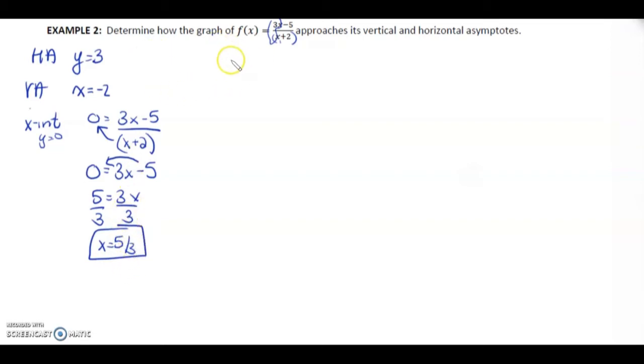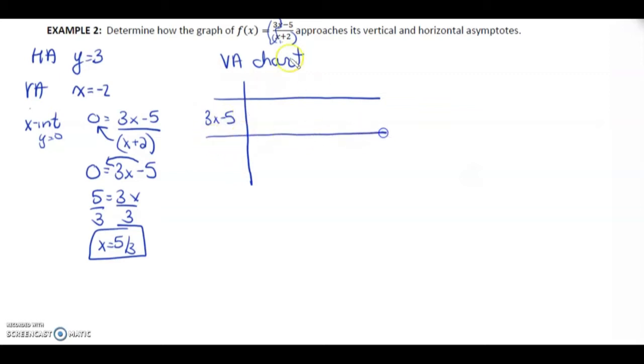Okay, so for the VA chart, and we can label that vertical asymptote chart, we are going to put down the side our two factors. We have 3x minus 5 in the numerator, and then we have x plus 2 in the denominator, and then we're going to know the overall sign.